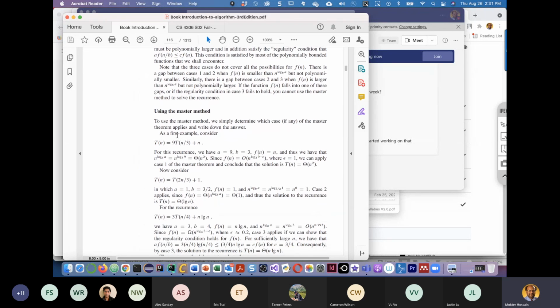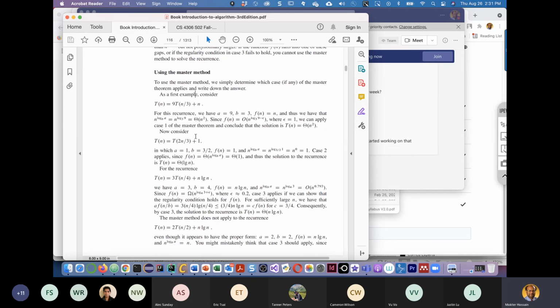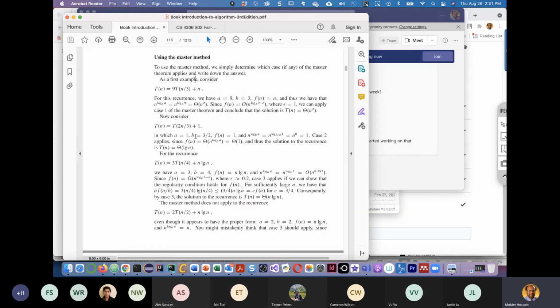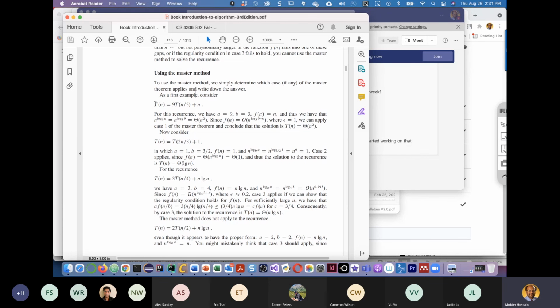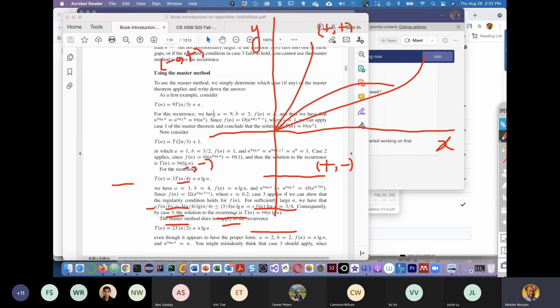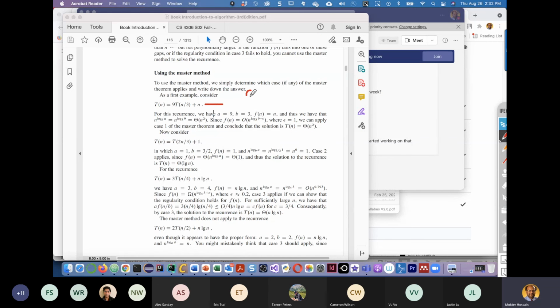Okay, let us see some examples. So these are some examples where, using the master theorem, we will solve the problem. Okay, we will solve. So this is our problem in hand. We are given a function T(n) equals 9 times T(n/3) plus n. So here, let us do that. Considering this one, what is the value of a? a equals 9, right?